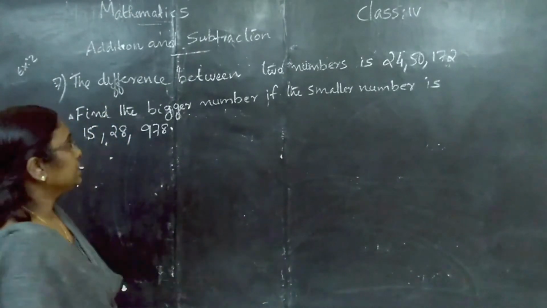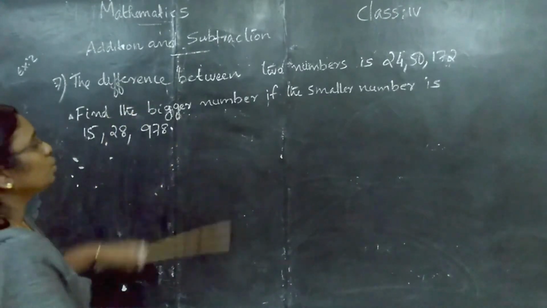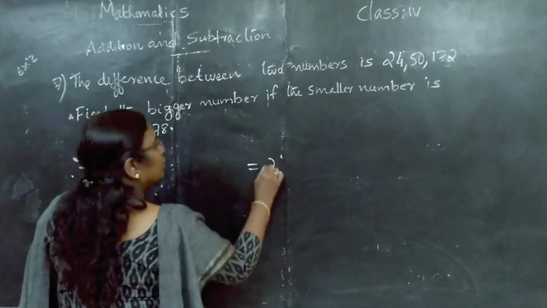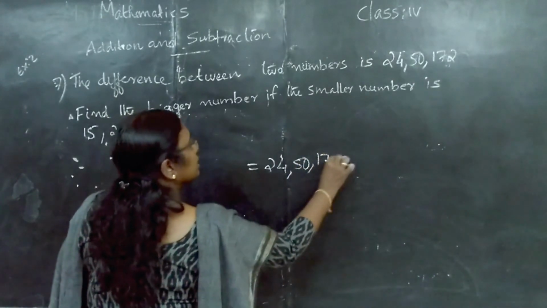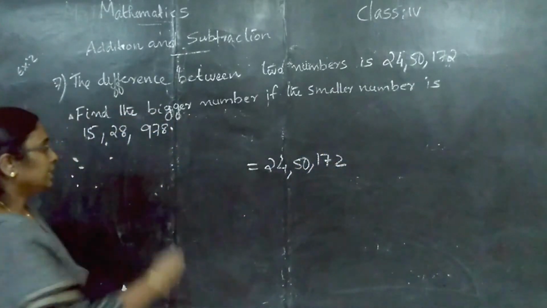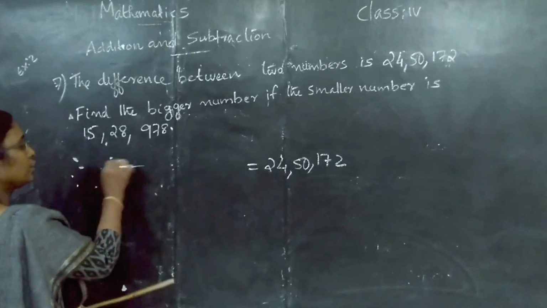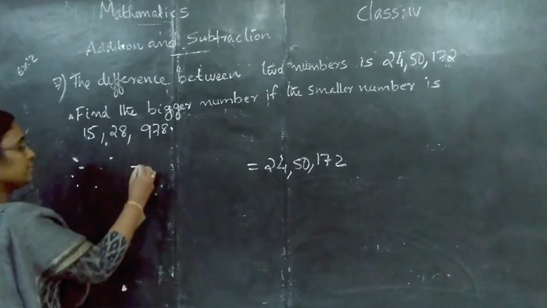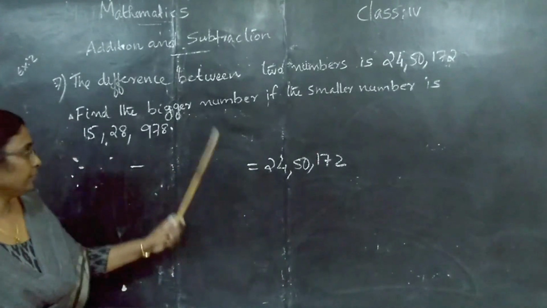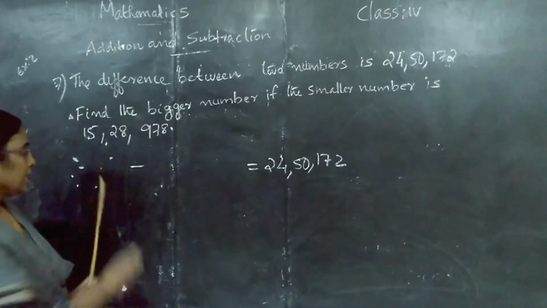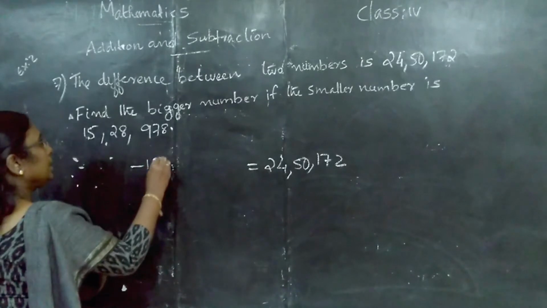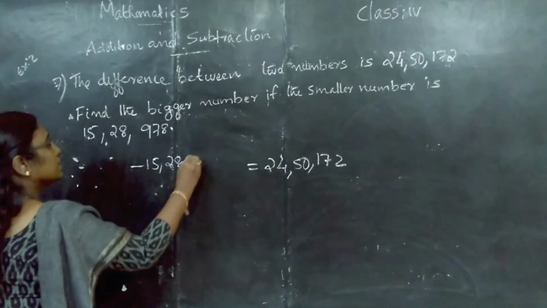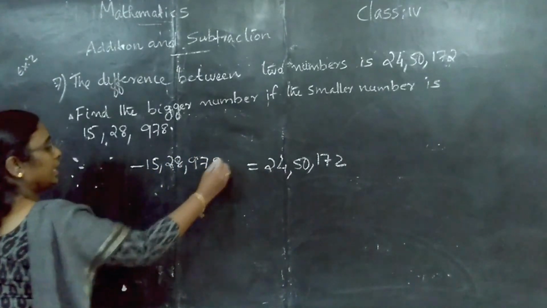it is given that the difference between two numbers is 24,50,172. There are two numbers here. The difference between them is this number. Find the bigger number if the smaller number is 15,28,978.